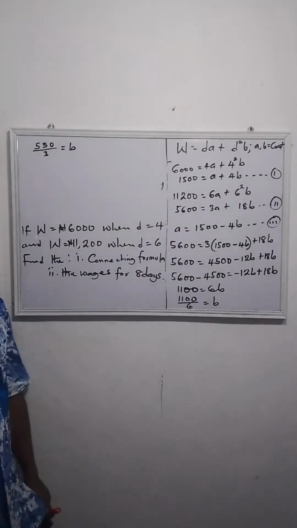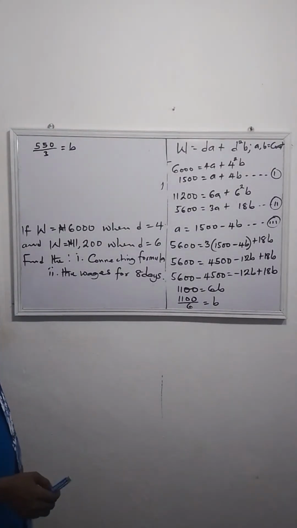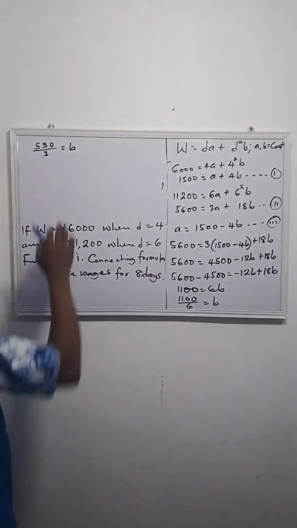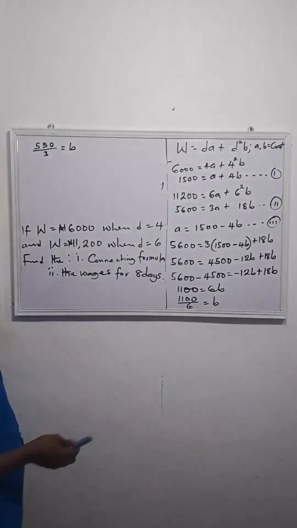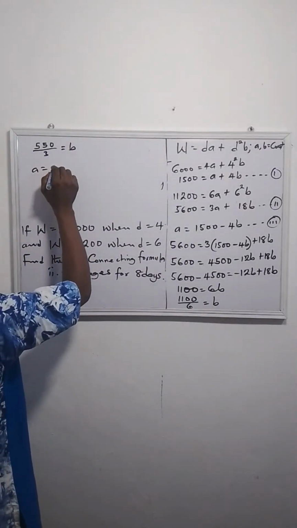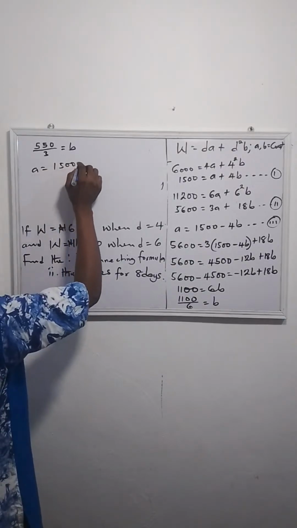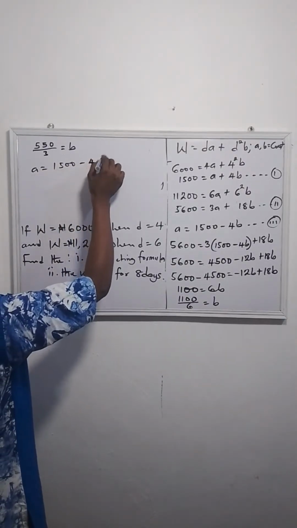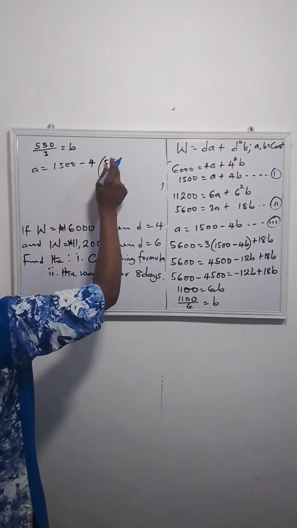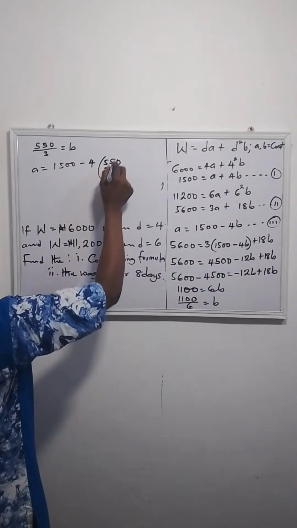Okay, so now what's the next thing to do? We have to get the value of A. So let's just plug in the value of B into equation 3. So we have A equals 1500 minus 4 times, now the B is 550 over 3.